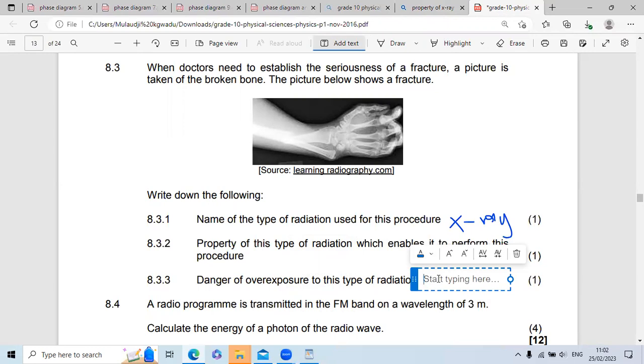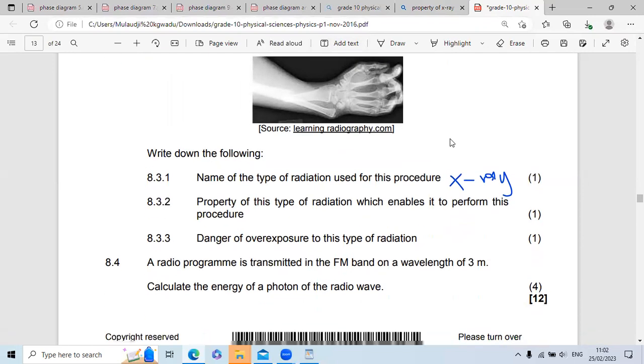So X-rays can also cause cancer. That's why it's dangerous to scan a pregnant woman or a baby. That's the main danger of overexposure to the radiation: you're risking cancer.